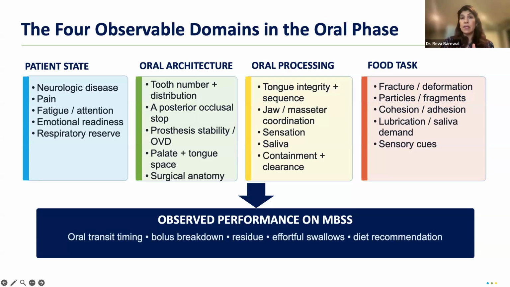The mouth brings the architecture, so it's not simply teeth, but the distribution of those teeth. We're not just counting how many teeth are in the mouth, but where they are located. Think of a three-legged stool. That's a more stable configuration than two stool legs on one side.